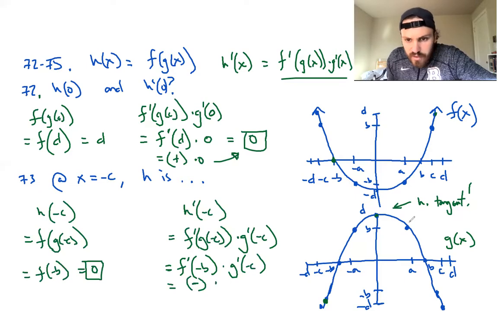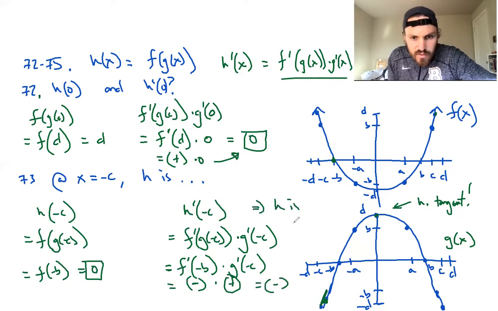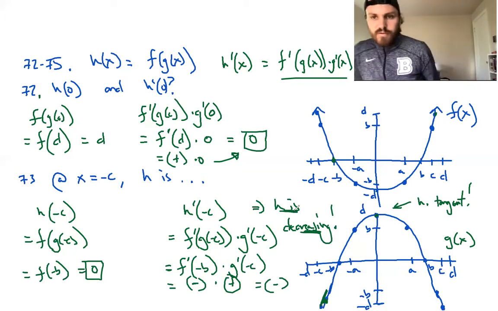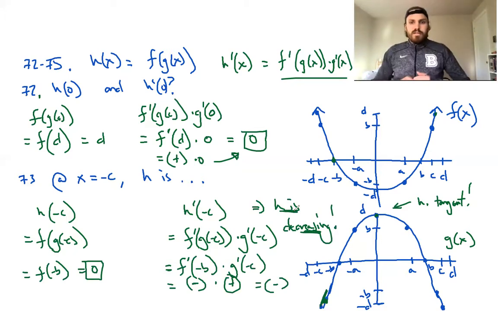G prime of negative c, let's see, negative c is right here, is going to be the slope down here, which is some positive number. So all we know is that this is negative, which means that h is decreasing. So we can't say exactly what the derivative is, but we know that it's negative because it's a negative times a positive. And so therefore, it's got to be decreasing.